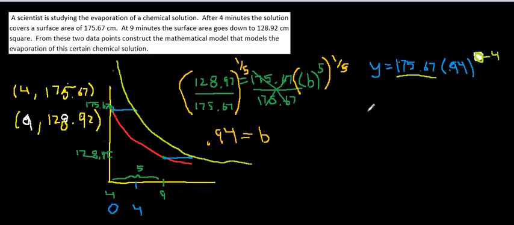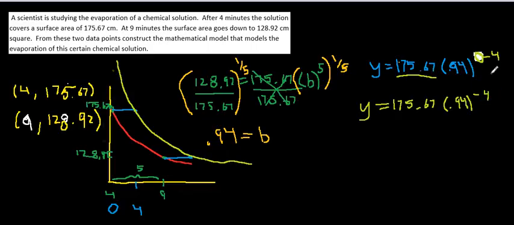So to find out what y is when x is 0, we get y equals 175.67 times 0.94 to the negative 4 power.